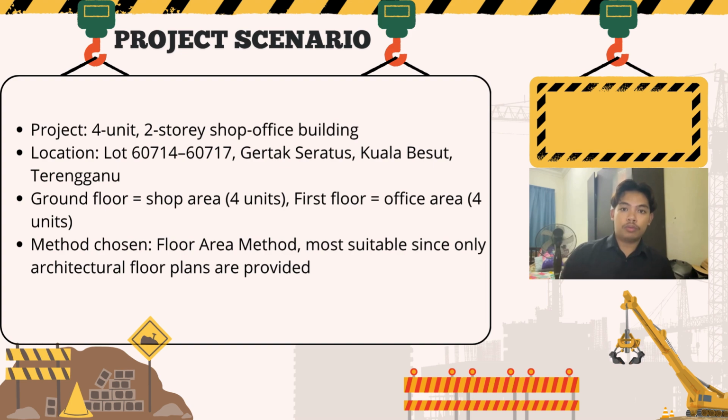The ground floor is used as shop area and the first floor is used as office area with 4 units on each level. For this project, I chose the floor area method because we only have the architectural floor plans available and no detailed working drawings or bill of quantities, which makes this the most appropriate and practical method to use.